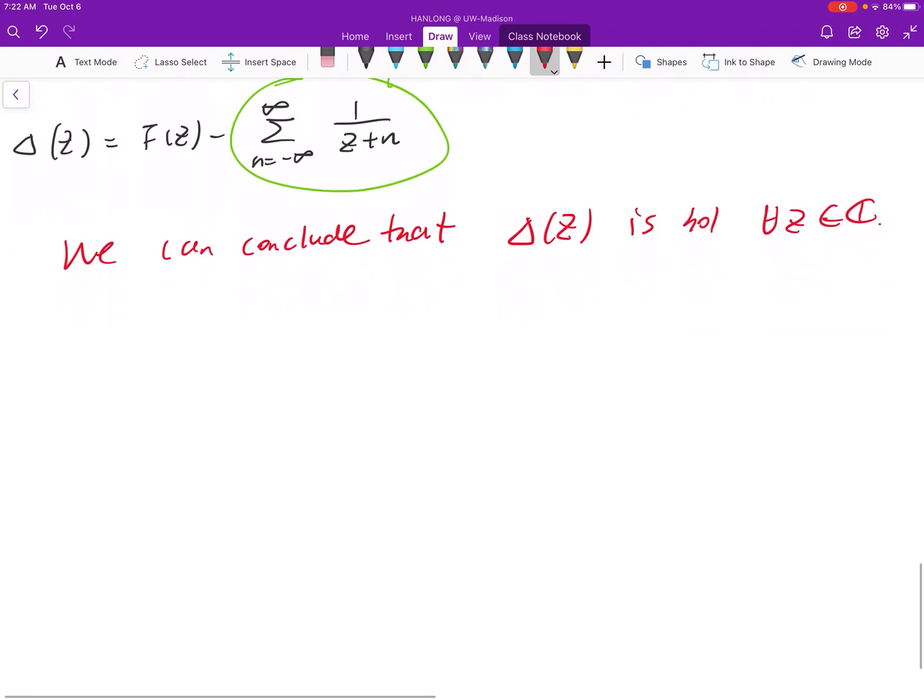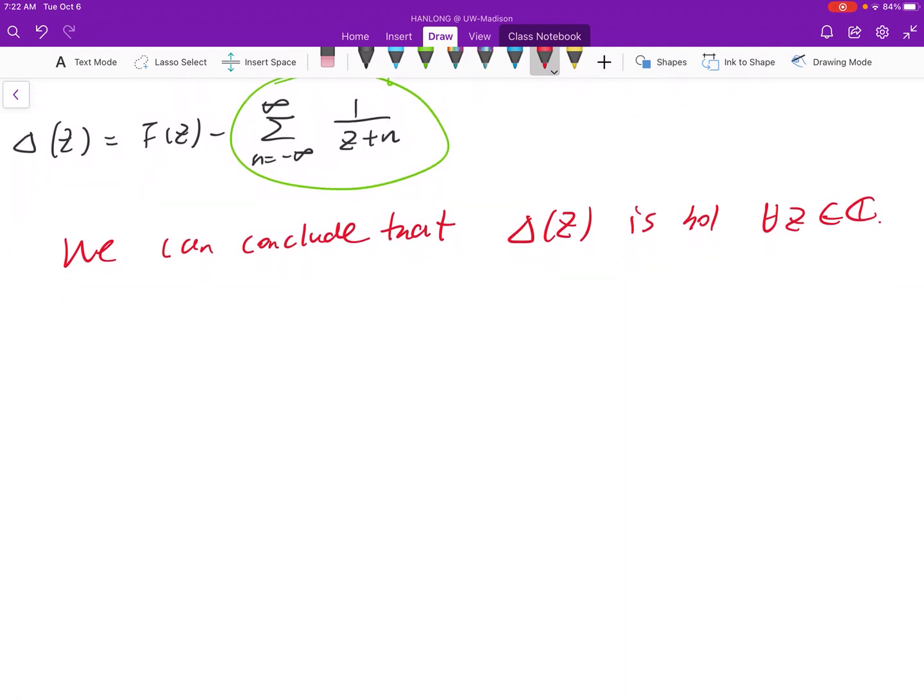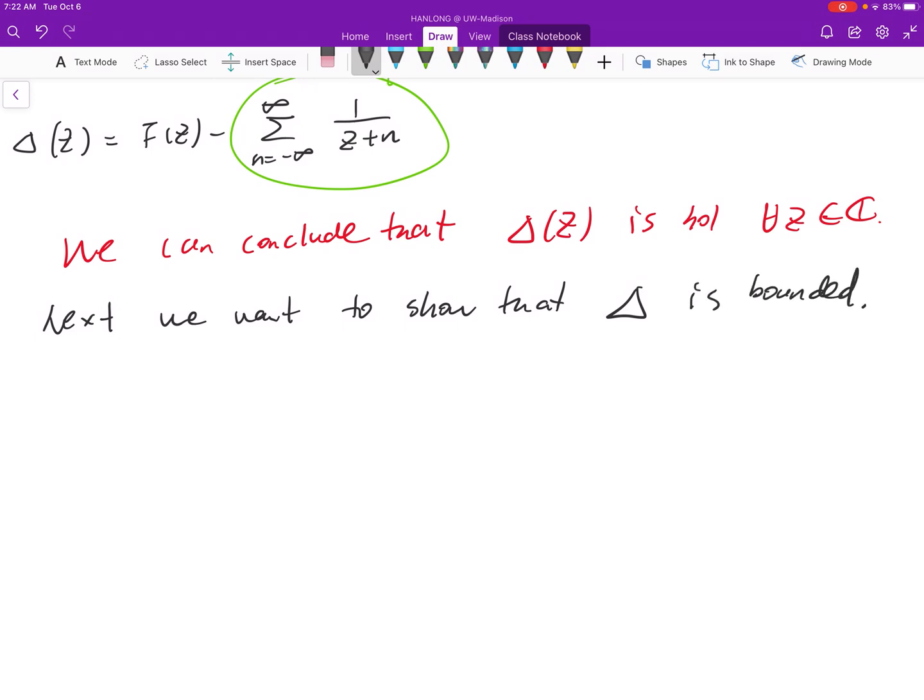And next we want to show that delta is bounded on C. Then you can apply Liouville's theorem.